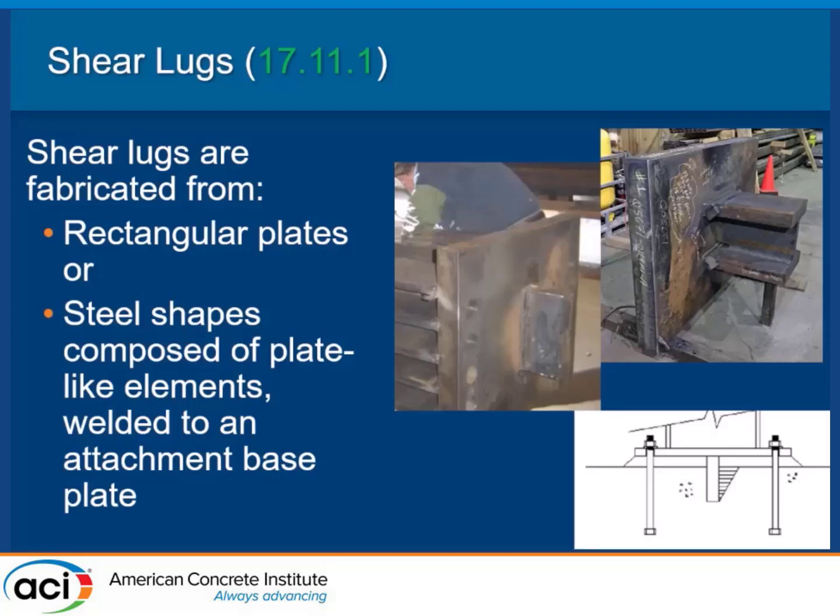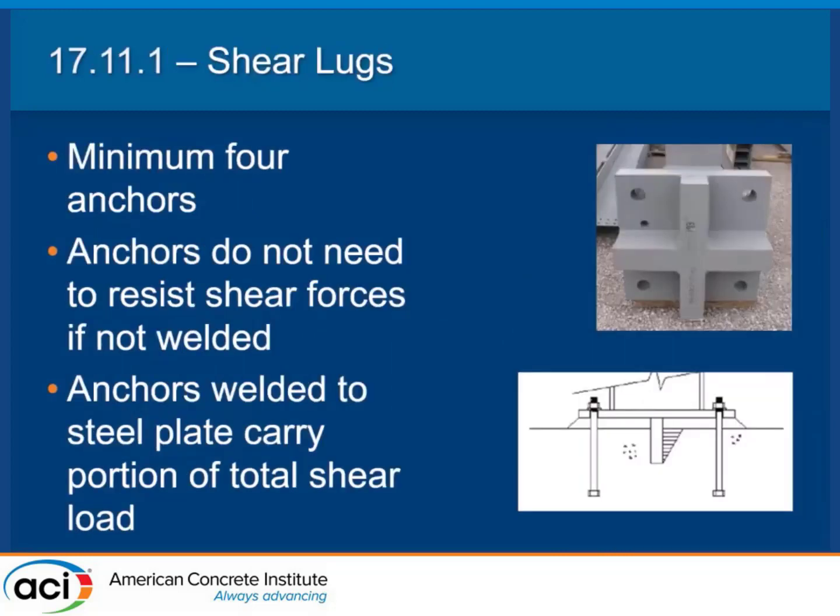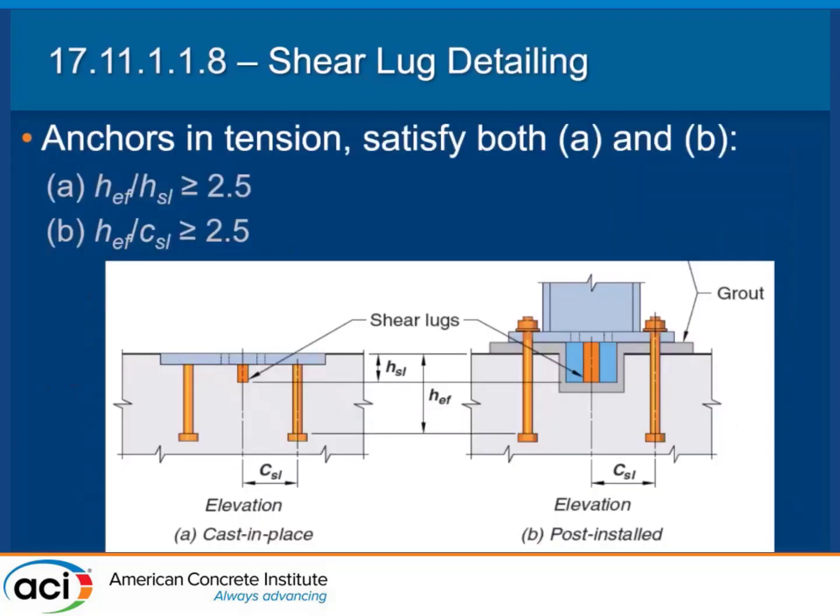So shear lugs, right? We put these big plates, or even better, we could put these humongous H sections down there, and we can transfer a ton of shear at the bottom of a base plate. If you do it, you need a minimum of 4 anchors, and depending on the spacings that you have in there and the depth of your anchor, you have minimum distances.